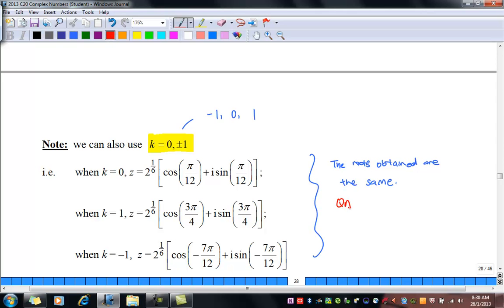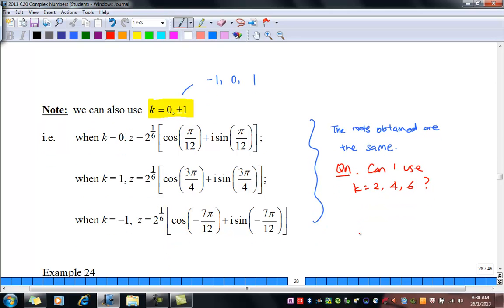Now there's an extra question. Let's think about this. Can I use k equals 2, 4 and 6? Am I still going to get the 3 roots? You would find that this is not acceptable, because then I would have skipped certain values of k. If you were to use 2, 4 and 6, you will find that the change in argument is no longer 2 pi over 3, which means that your roots will not be evenly spaced about the origin.